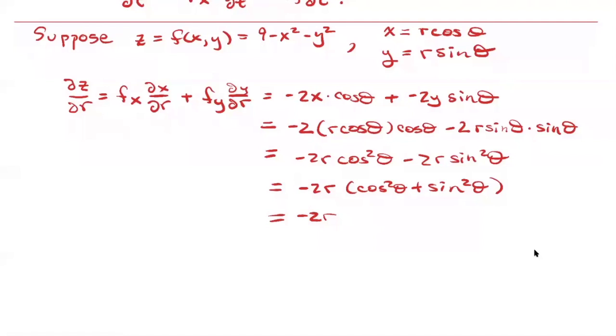Let's do the next partial. Well, why not just squeeze it in here? Notice that z is 9 minus x squared plus y squared. Because you know that x squared plus y squared is r squared. So z, if you were to find a formula for it, is actually just 9 minus r squared.